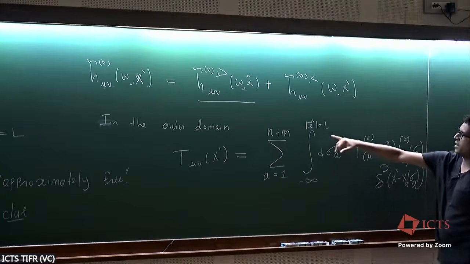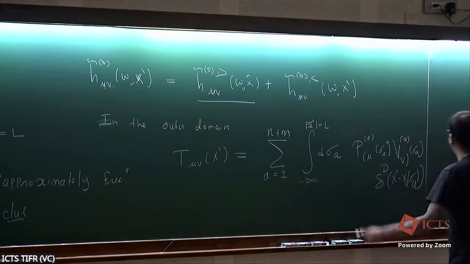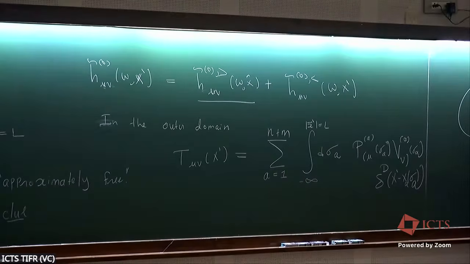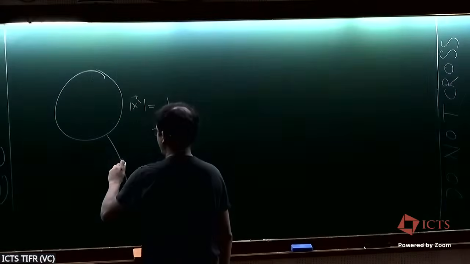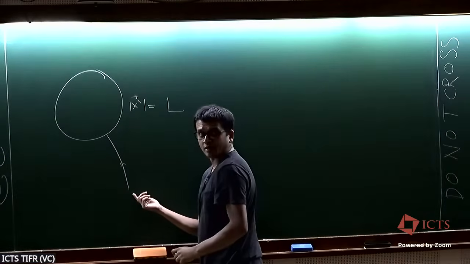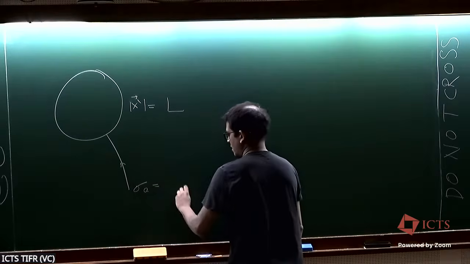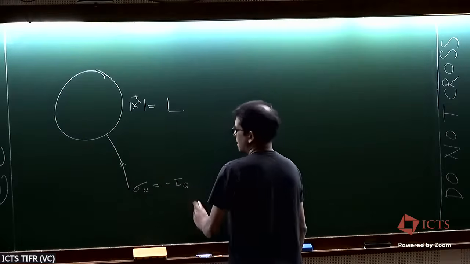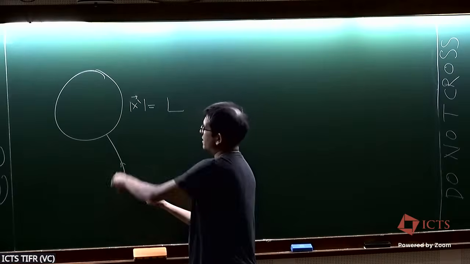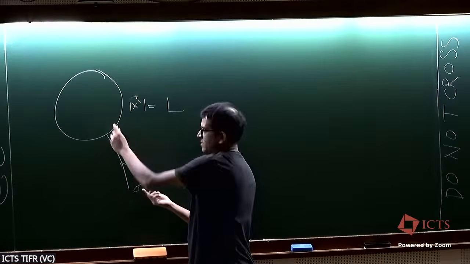And now we have to quantify what this object is. So now let's draw the spatial slice, not draw things in space-time. So this is my mod x prime equal to L. And let's say that all the particles that are coming in, all the proper times are such that they all start at sigma A equal to minus tau A. And the proper time is such that whenever they hit the boundary of this domain, it's always sigma A equal to 0.